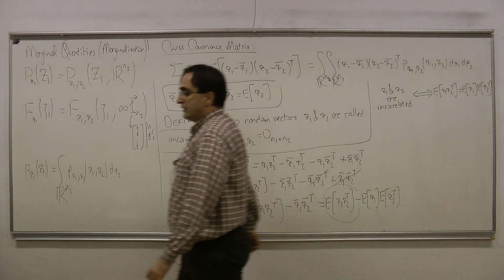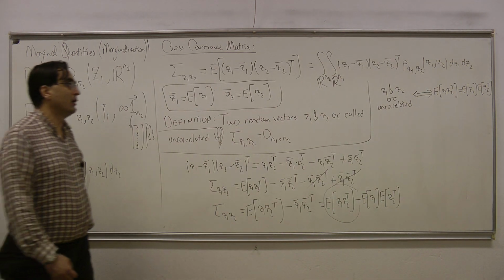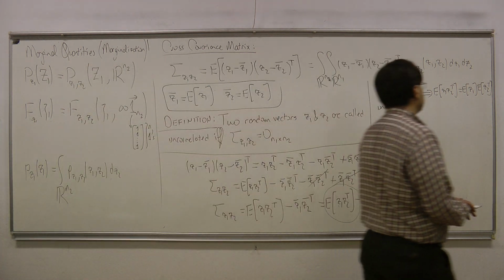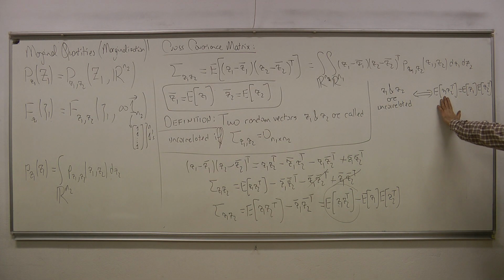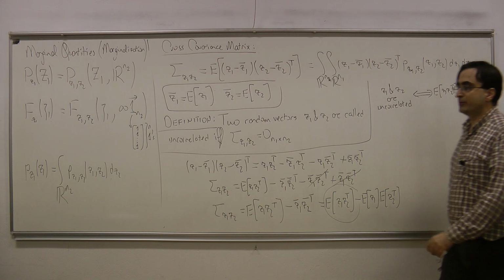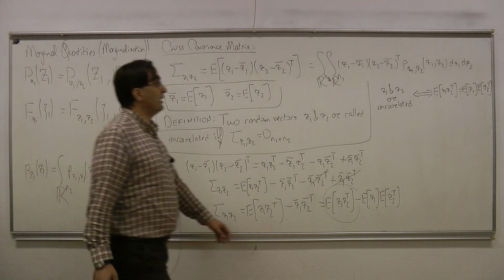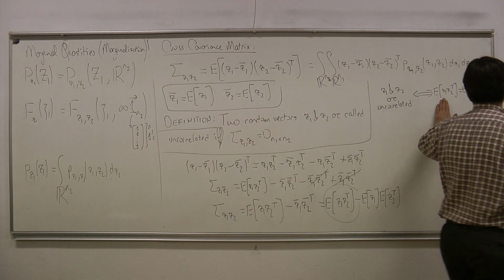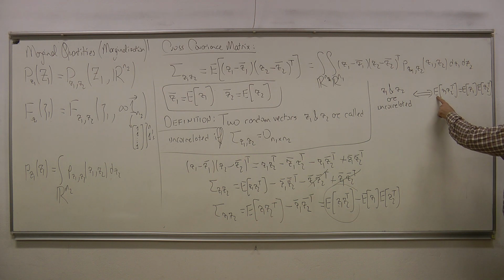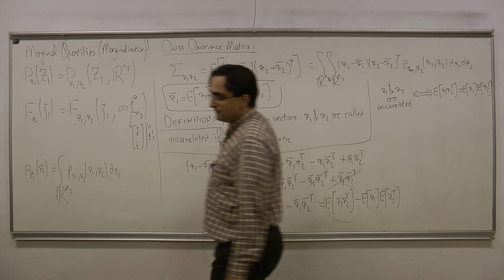So an equivalent definition of uncorrelatedness is that the expectation of the multiplication is equal to the multiplication of the expectations of the random vectors. So for uncorrelated random vectors, I can distribute the expectation over the multiplication of elements.